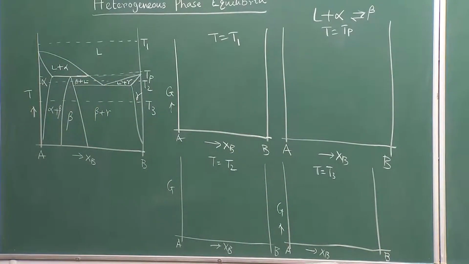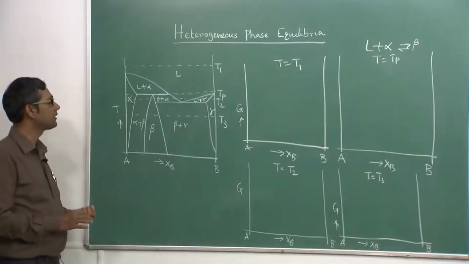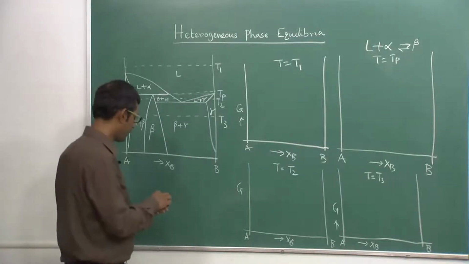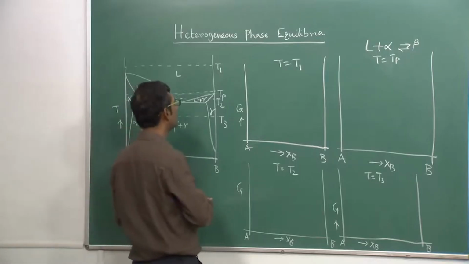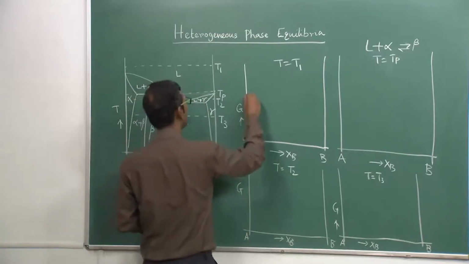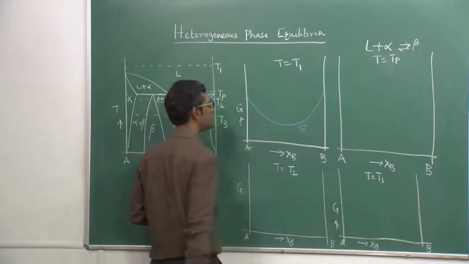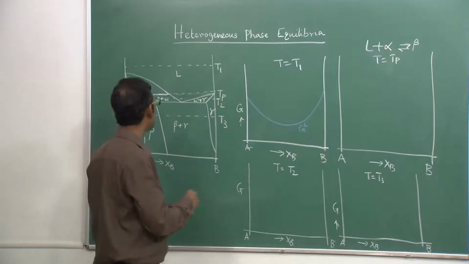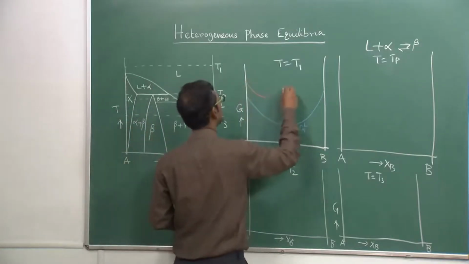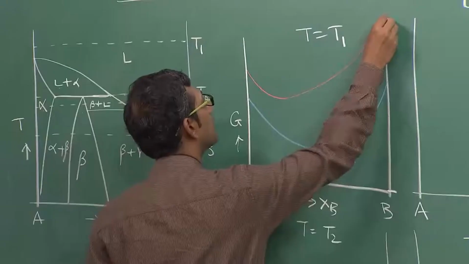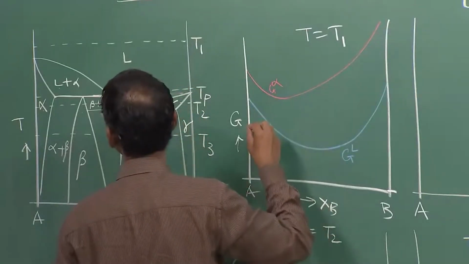As you clearly see, there are only 4 phases here, liquid and 3 solid phases, alpha, beta and gamma. So in all these diagrams we need to draw the 4 curves, 1 for the liquid and 3 for the solid phases. For the liquid we are going to use blue. Here liquid is the stable phase, so liquid will be at the lowest part, this is GL. Now for alpha we are going to use G alpha, okay.